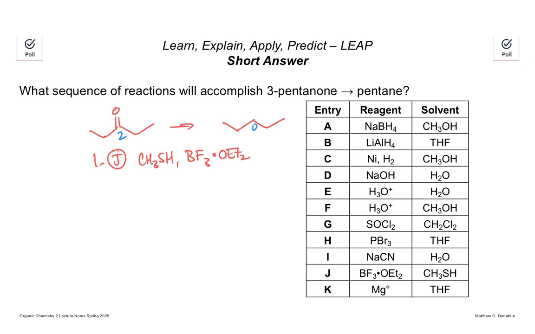The carbonyl gets activated by the boron, then the sulfur attacks. You do all this stuff, and then you get both sulfurs on there. So that's the thioketal.